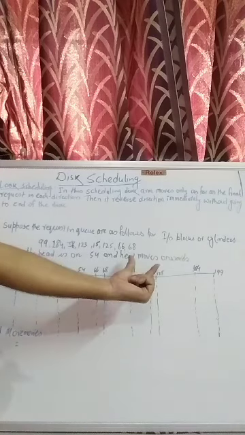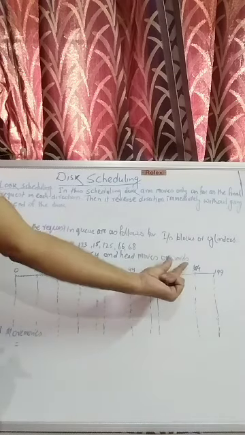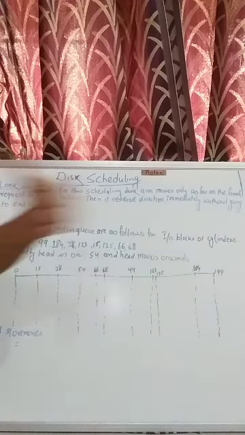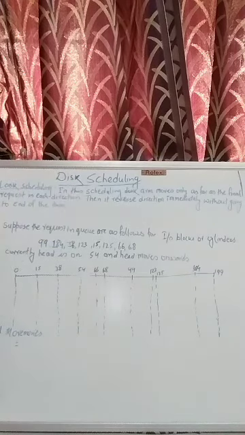We can also suppose the head moves backward, that is from 54 to 0. Any of the considerations we can take. For this example, I am taking the head moves onwards.